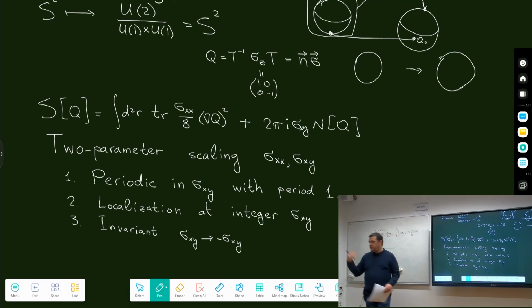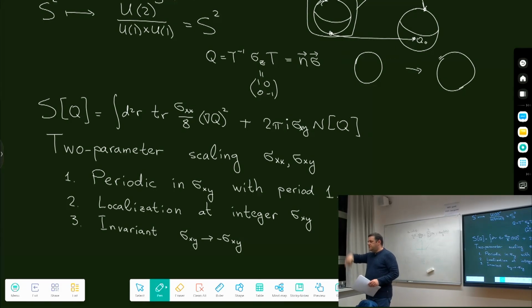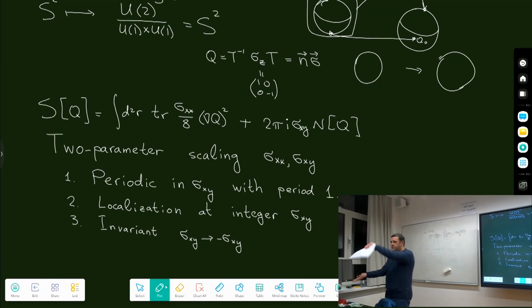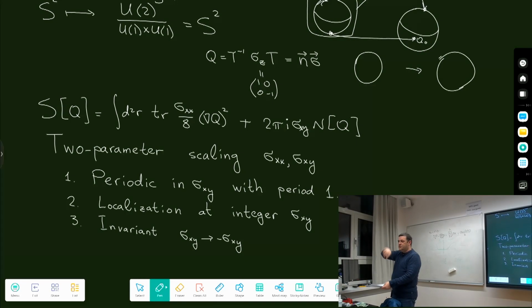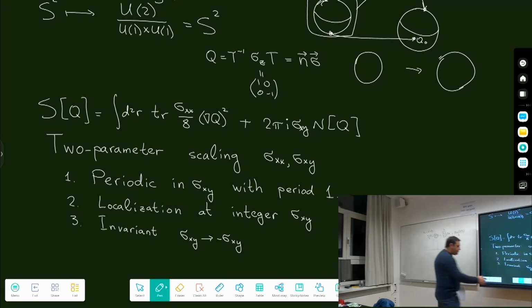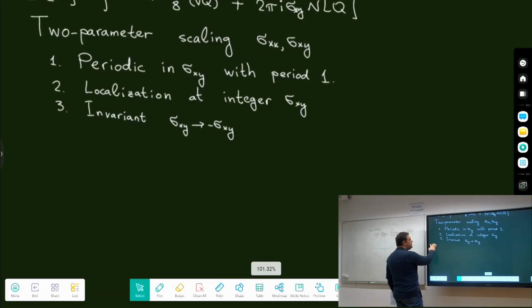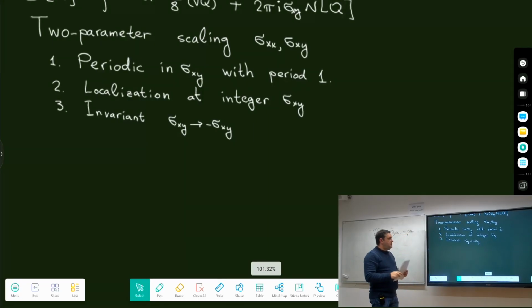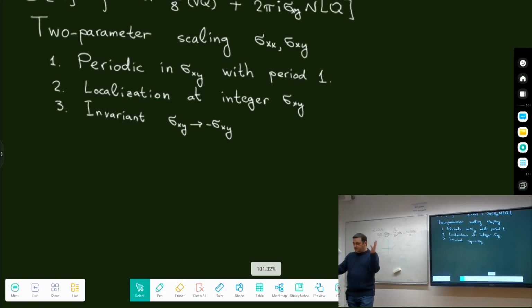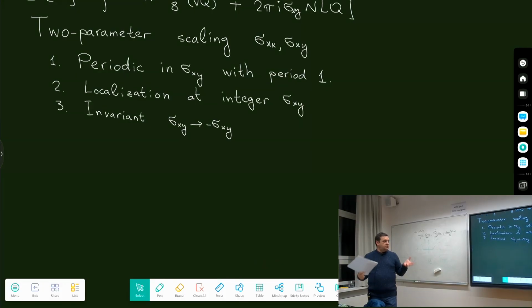Because who cares if the magnetic field is up or down? It's just two-dimensional. We just flip our two-dimensional sample. Nothing changes. So, from these three properties, the two parameter scaling picture can actually be guessed without calculation.